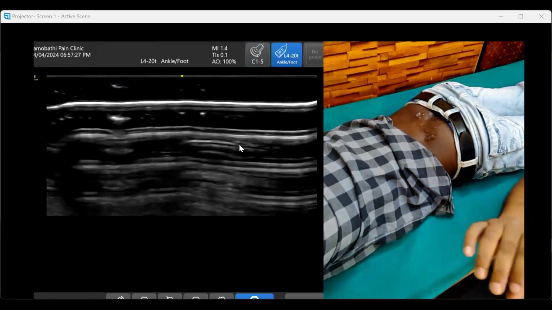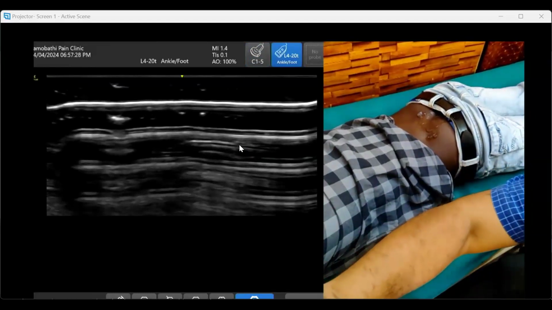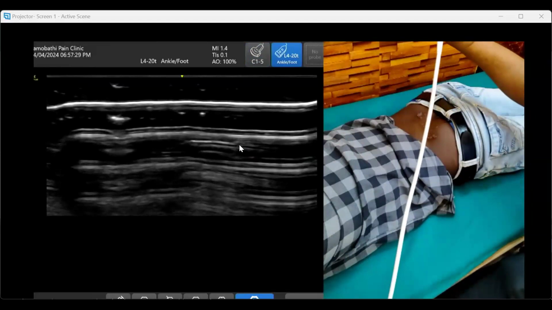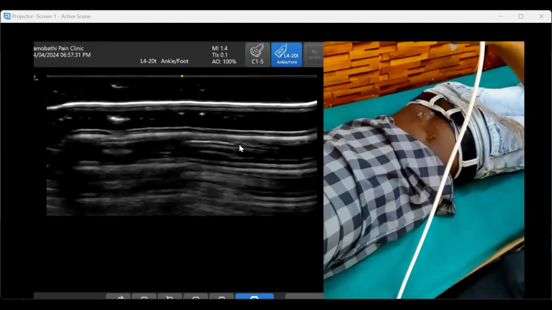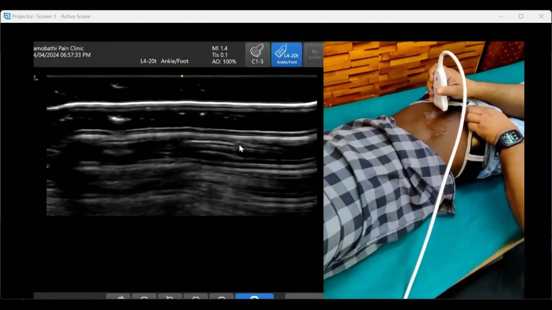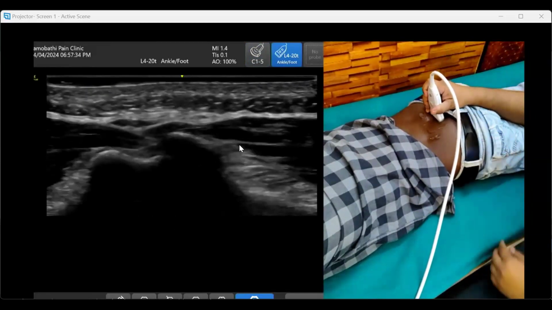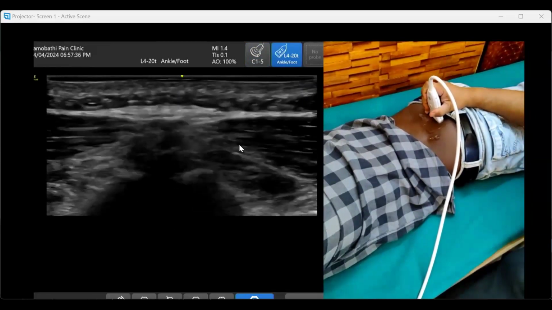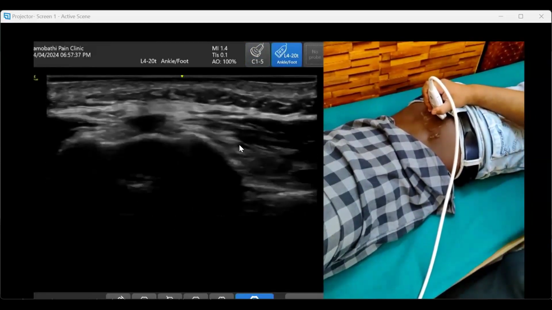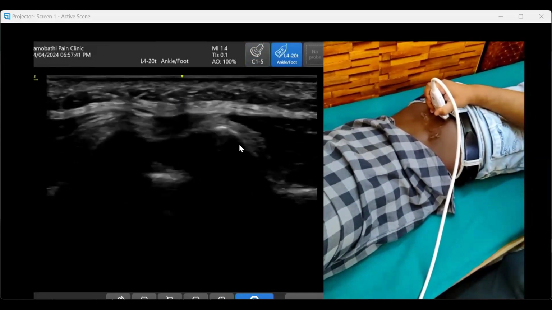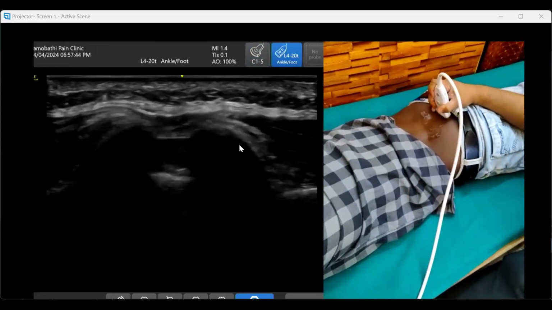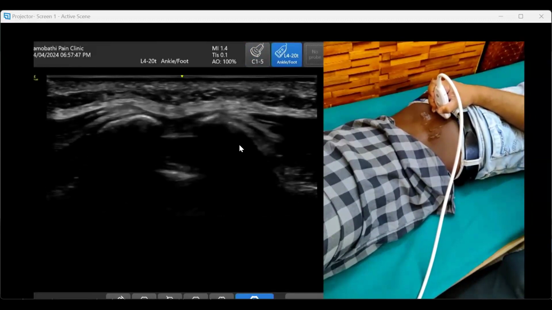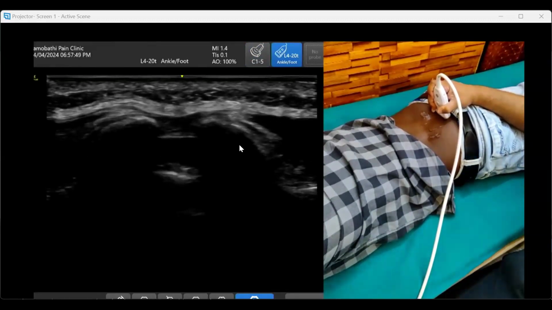So I am showing at the level of the, again I am keeping the index towards the left side. And here we just try to see that these are the two sacral corners. This is clear to everybody? Two sacral corners we can see. And inside we can see the posterior portion of the sacrococcygeal ligament in cross section.